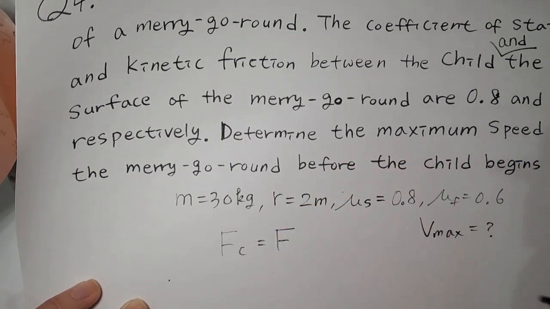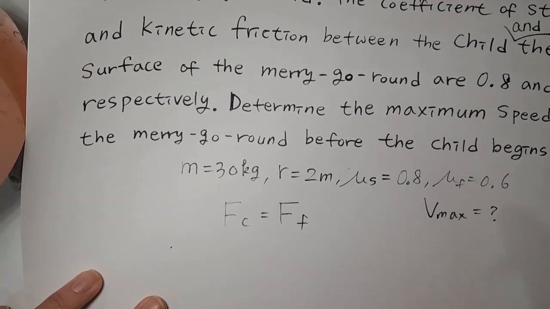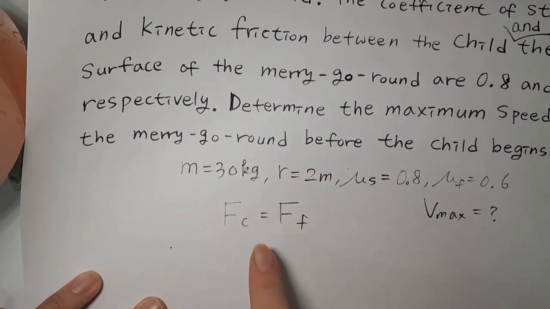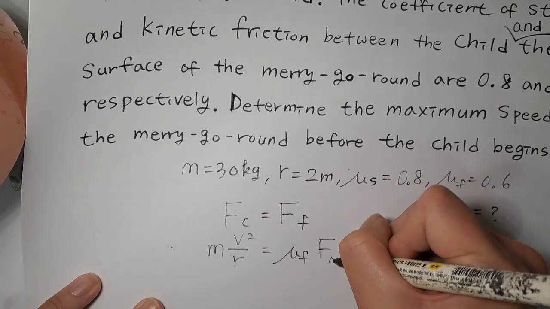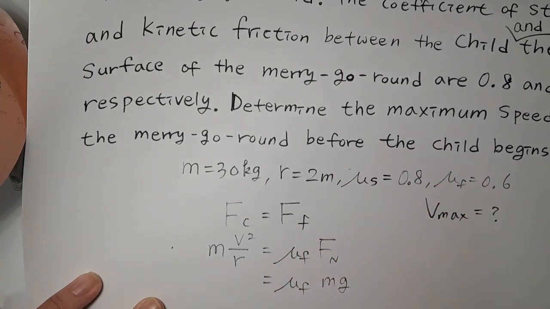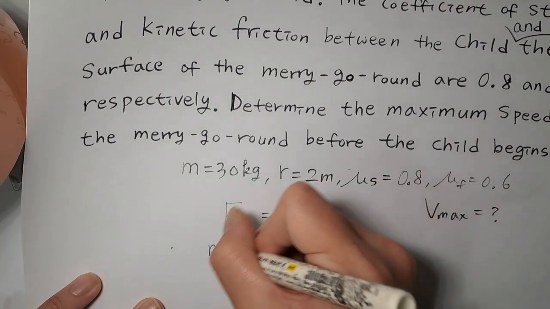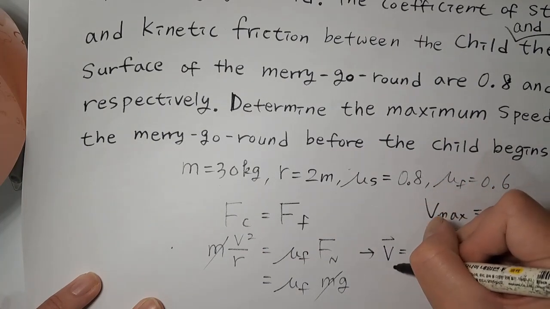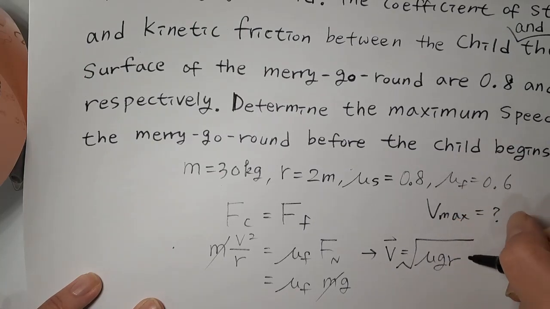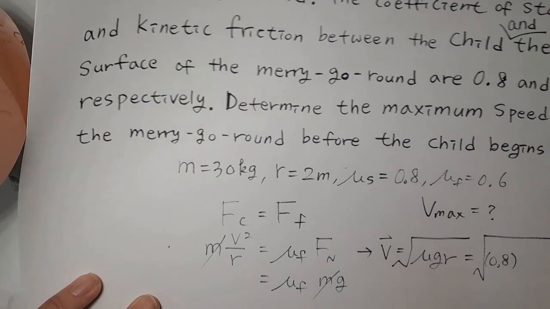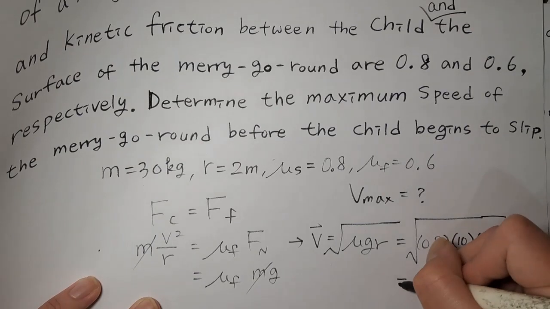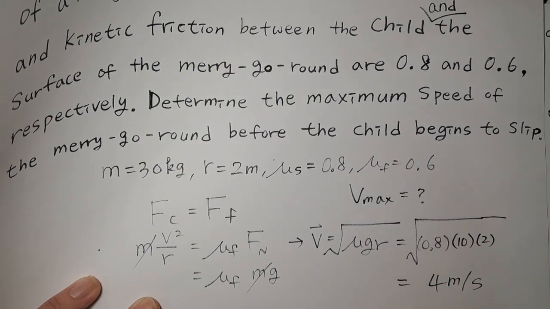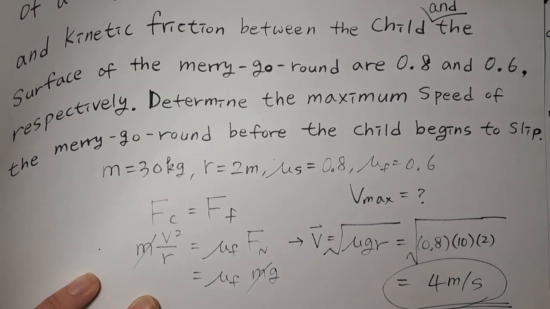For finding maximum velocity before slipping, we are going to use this equation. And so we can find 4 meters per second.